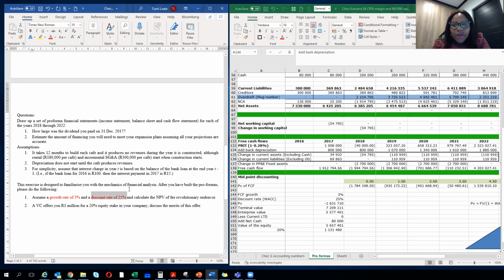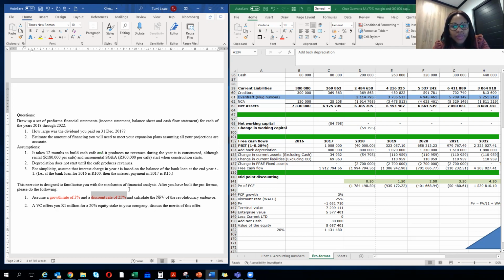Another name for your discount rate would be your weighted average cost of capital. And now they're asking you to calculate the NPV of this revolutionary endeavor. So we've already done our income statement with all 22 cafes up until 2022, and now what we're required to do is calculate our net present value.